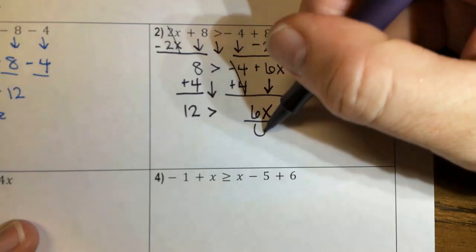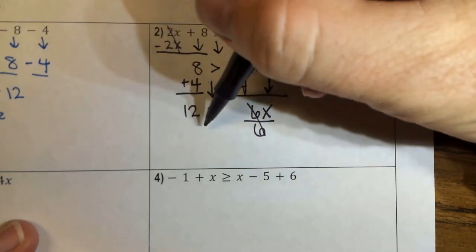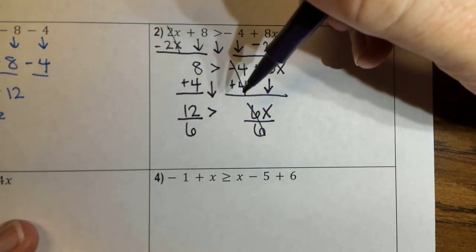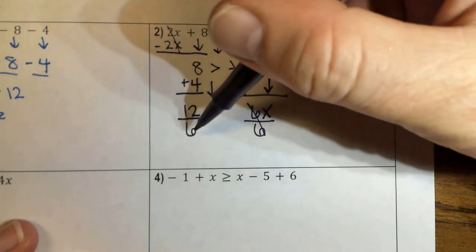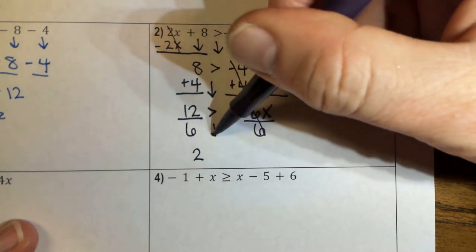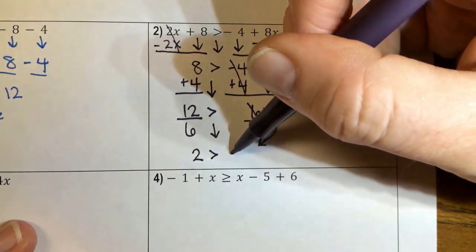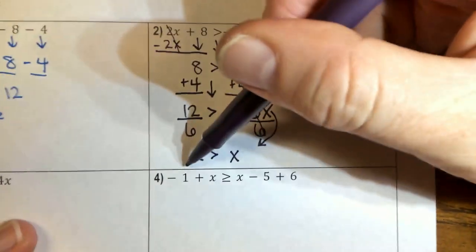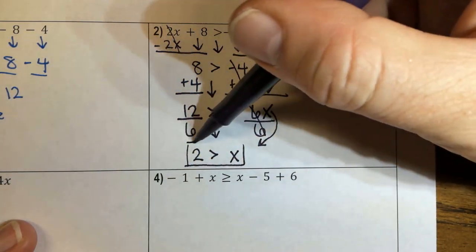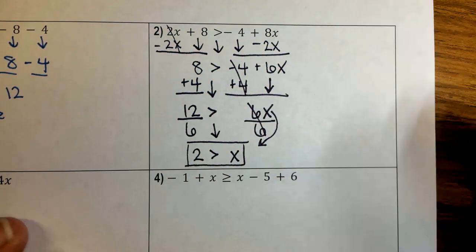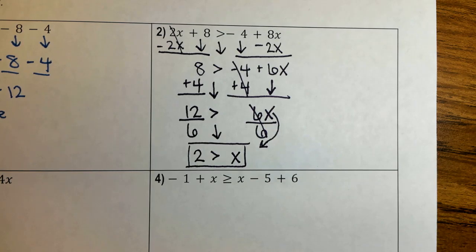So because I want x, I'm going to divide by 6 to get rid of it over here. And so I do 12 divided by 6 is 2. My sign doesn't change. And don't forget the x. It did not go away, so we still have it. And that's my answer. So that's number 2.